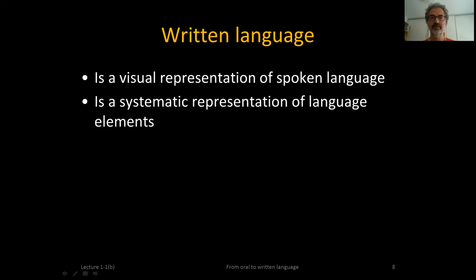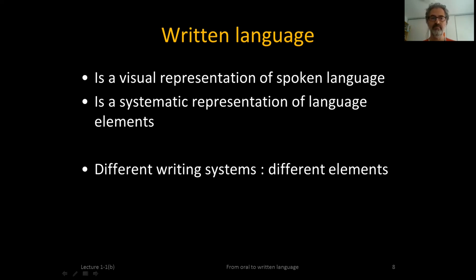But there are other things that can also be represented. Different writing systems may represent different elements. There are languages that represent entire syllables or entire morphemes or different combinations or different ways the consonants and consonant vowel combinations are expressed.